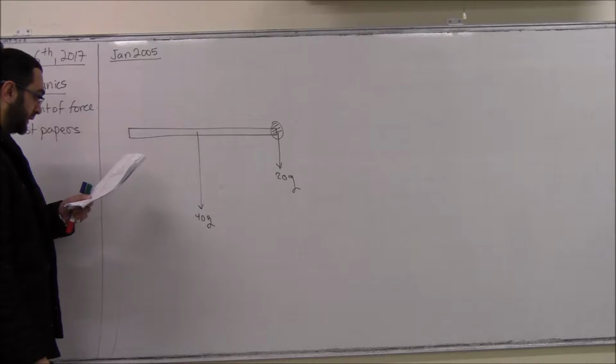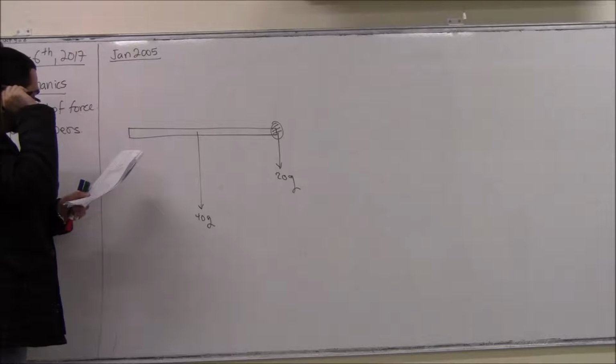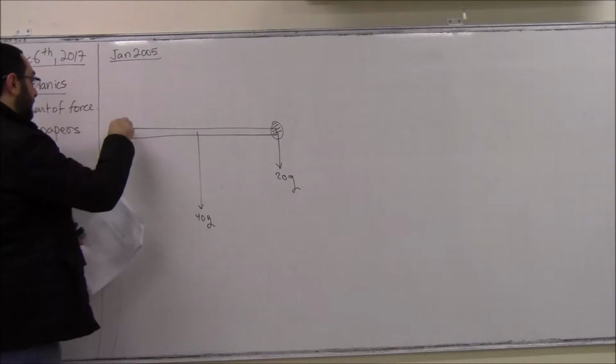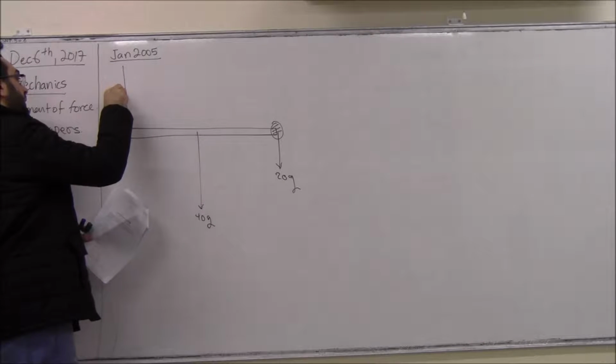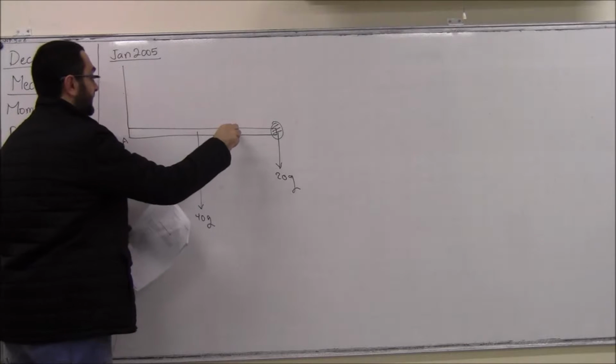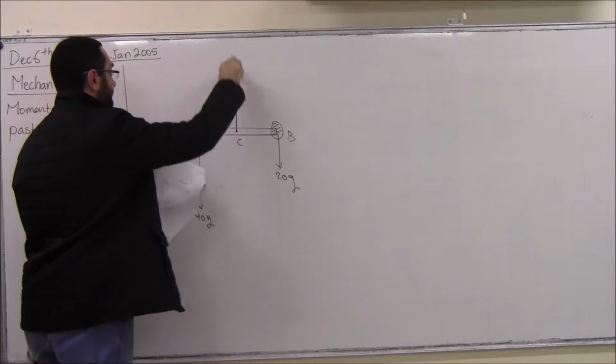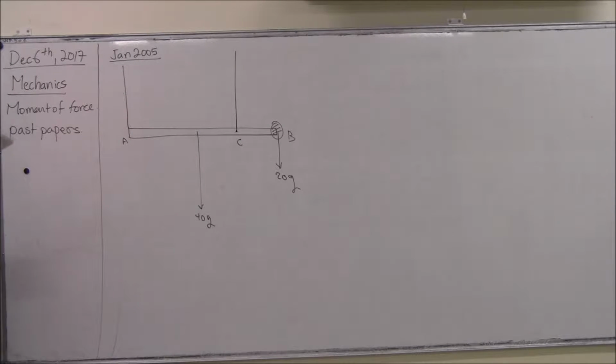The loaded plank is held in equilibrium with AB horizontal by 2 vertical rods, at A and at C, as shown in figure 1.